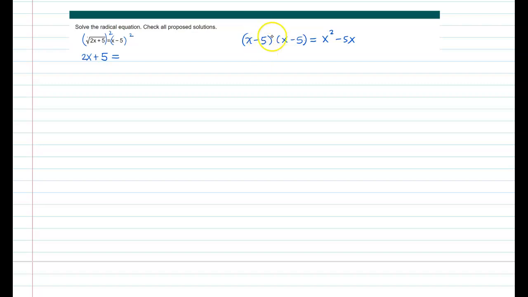And then the inner terms, you multiply them, minus 5x. And then the last terms, so plus 25. So that is equal to x squared minus 10x plus 25.